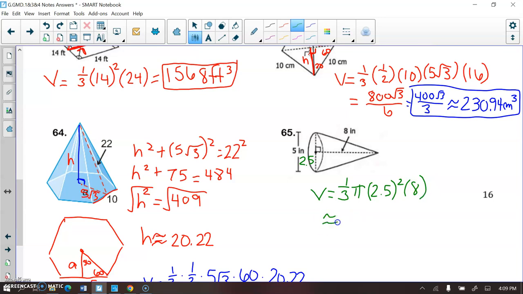So I get approximately 2.5 squared times 8 times pi times 1/3 gives me about 52.36 inches cubed.